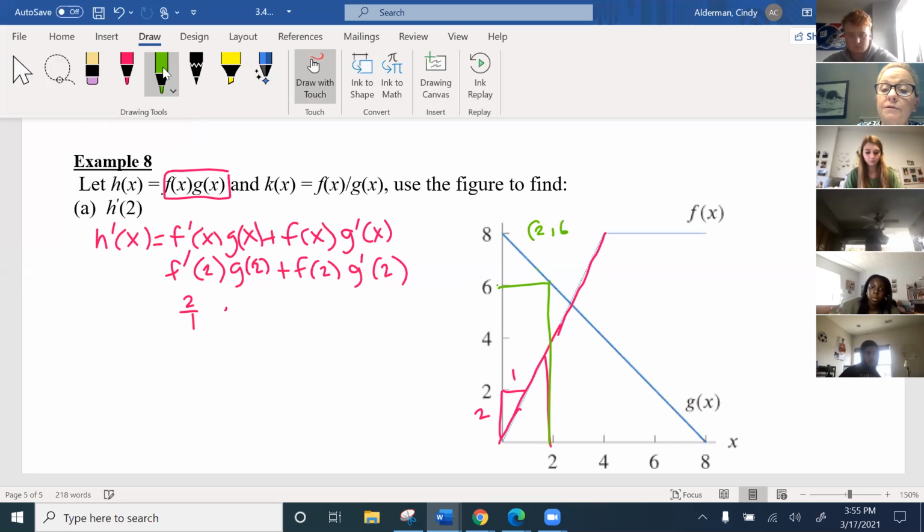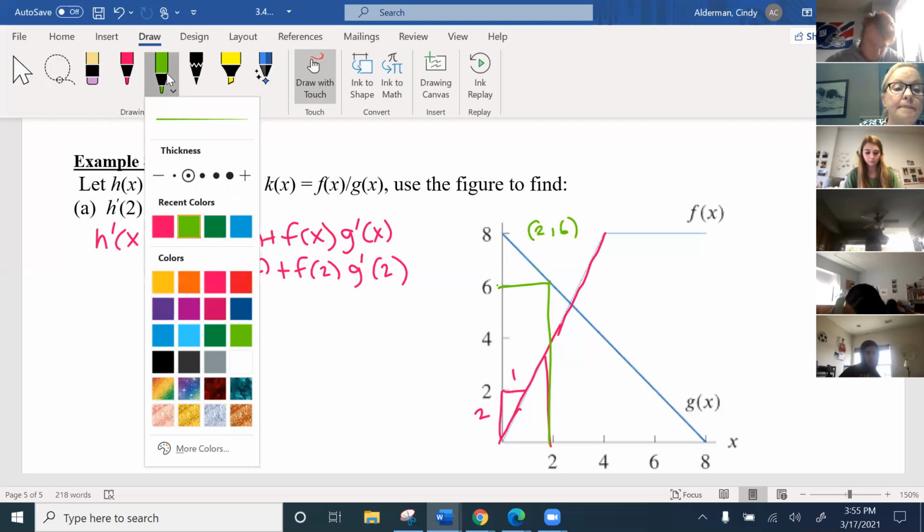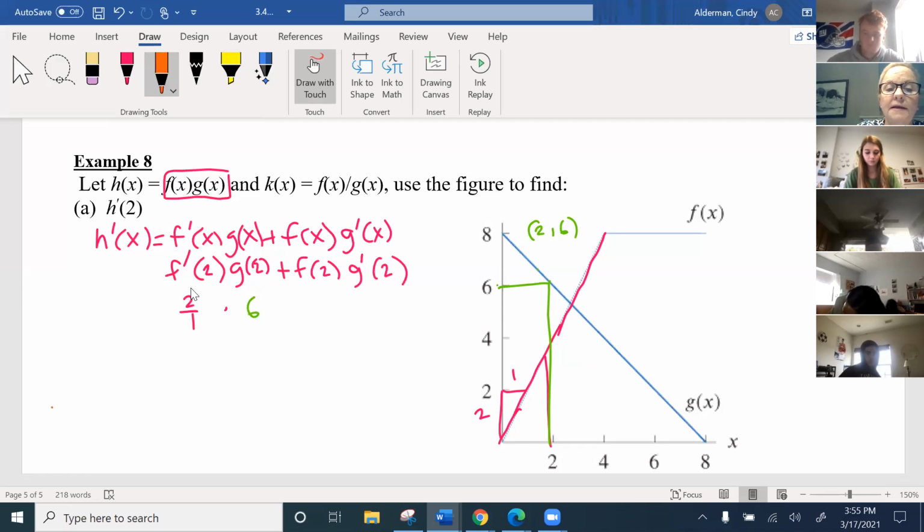So g of 2 is 6. And then f of 2, we want to be on the f function at 2, and that would be here. F of 2 is 4.